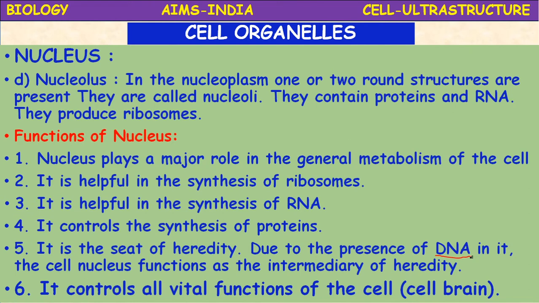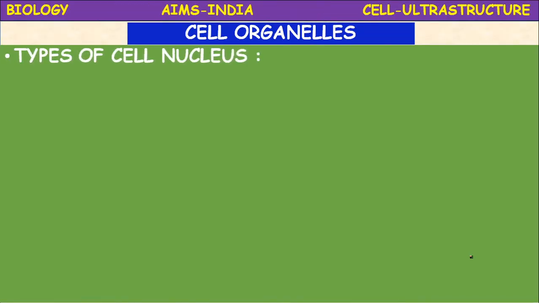Hence, the nucleus is also called the control center of the cell. It is considered the control center of the cell, or often it is called the cell brain. Okay, children, let us proceed to the next.